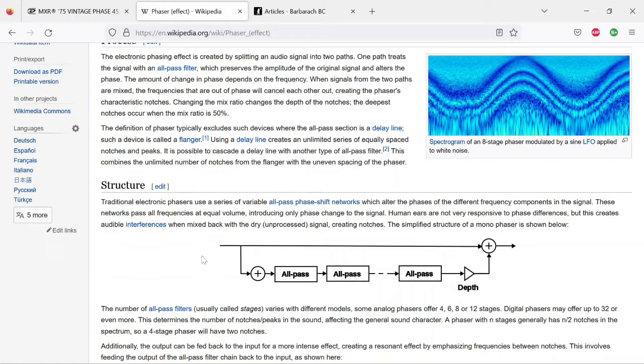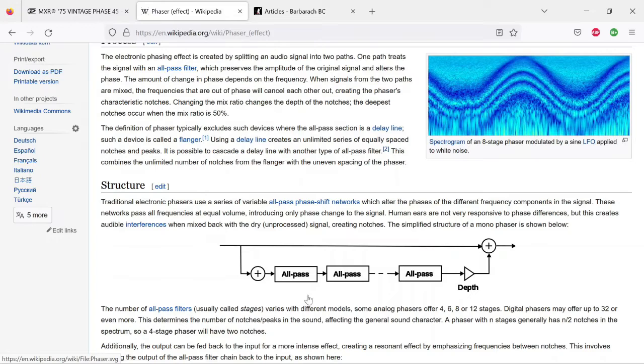So if we do something clever and move this, we change where this cancellation occurs, and we can shift this sound up and down, like some kind of sweeping sound. So we'll have a dry signal coming in, and then we combine that signal with this phase shift network, and it's going to be interesting.